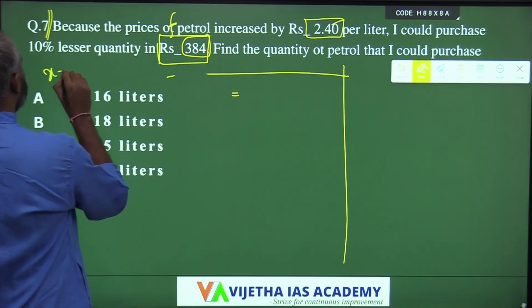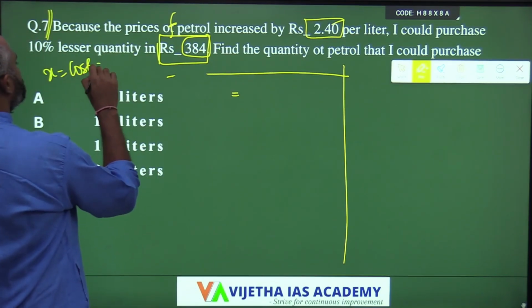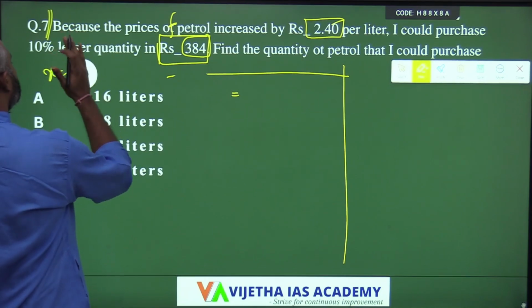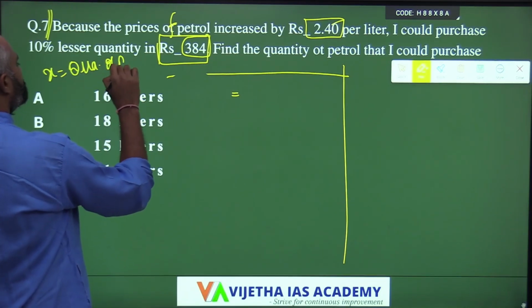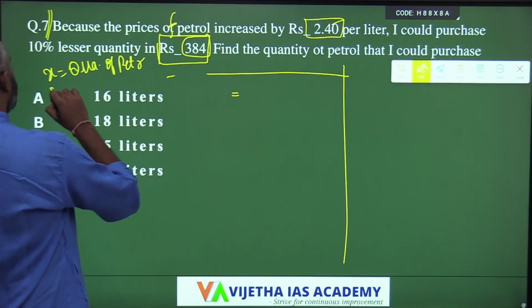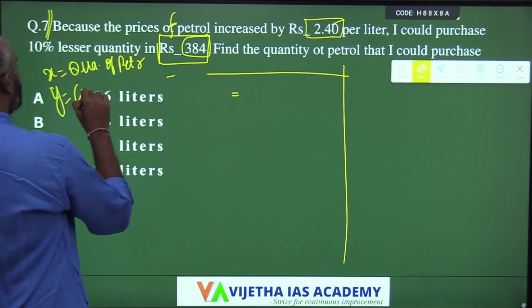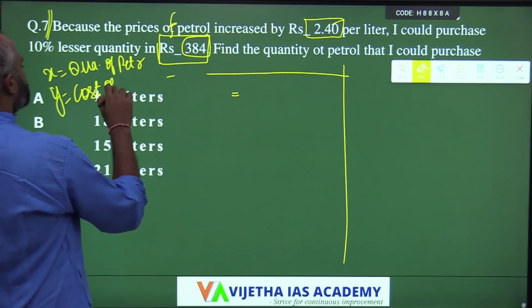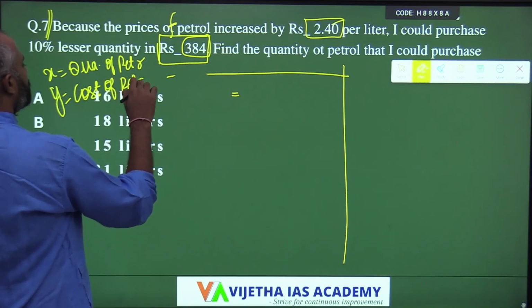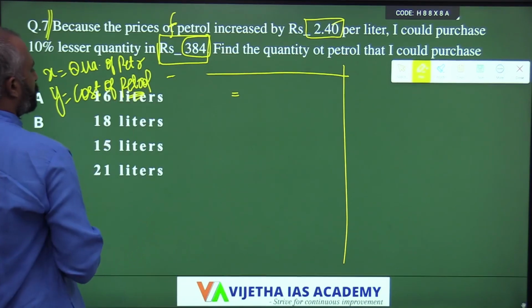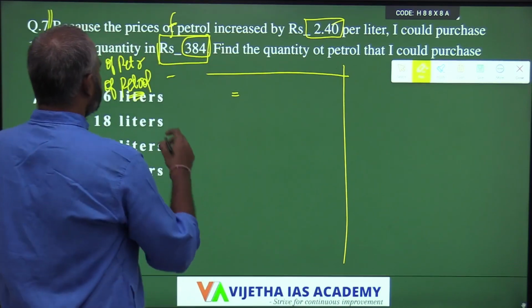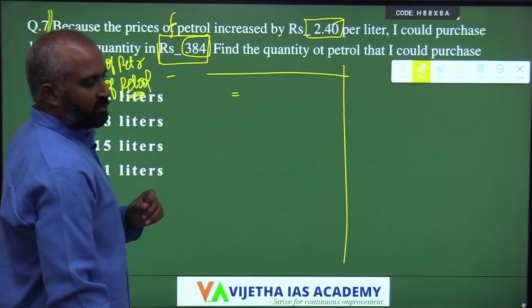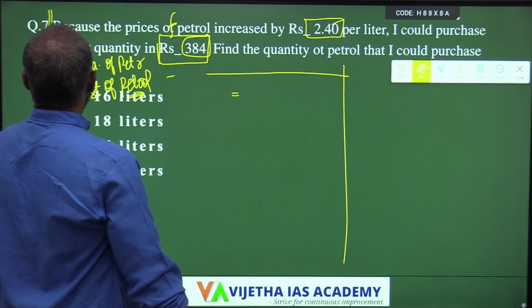X is equal to the quantity of petrol consumed, and Y is equal to the cost of petrol. Since the expenditure has remained the same, I can effectively equate both.